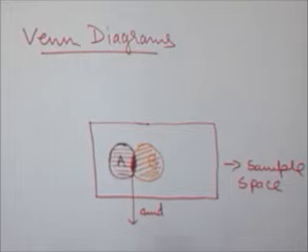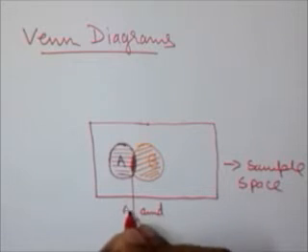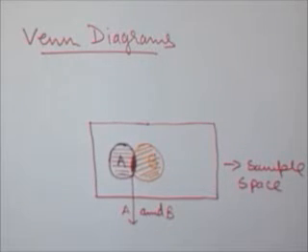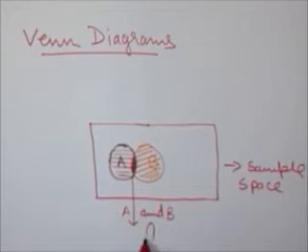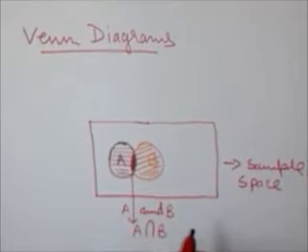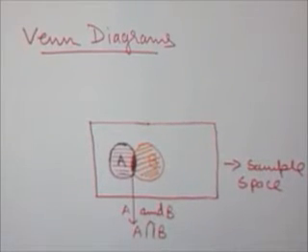So A and B. The word AND is represented in mathematics by the intersection symbol. So A intersection B represents the elements which are both in A and B.